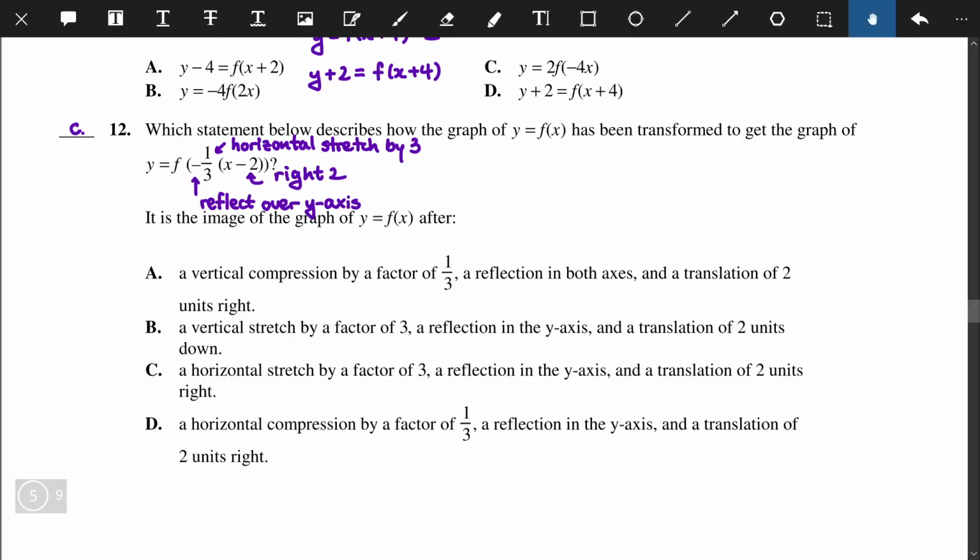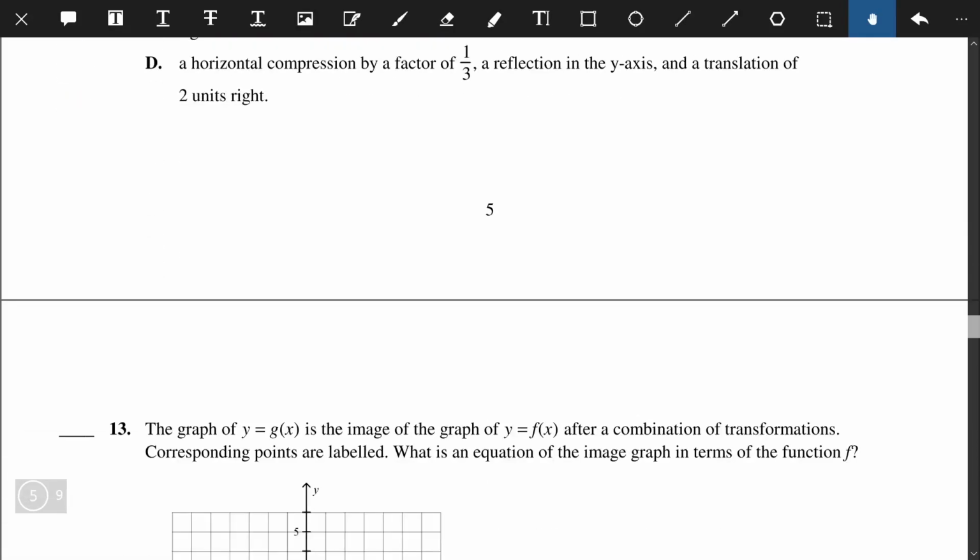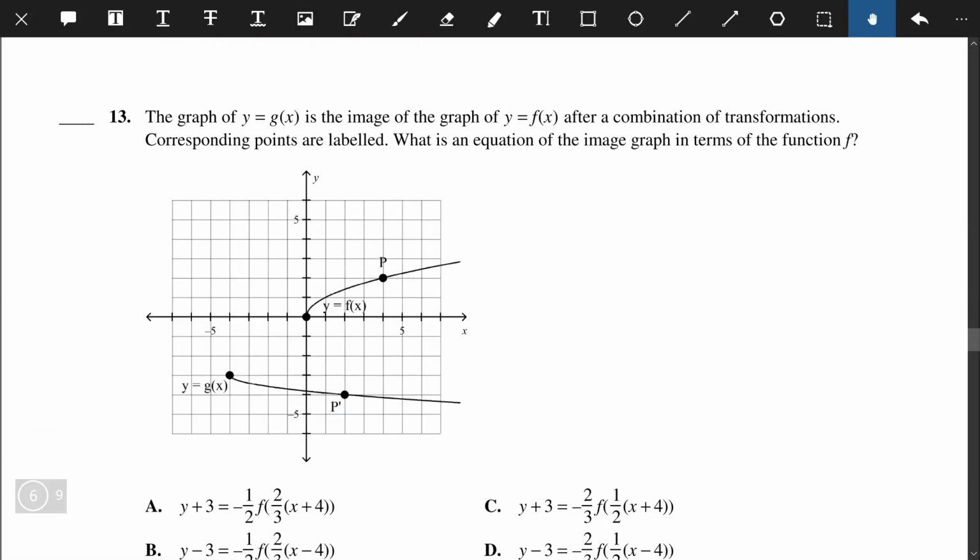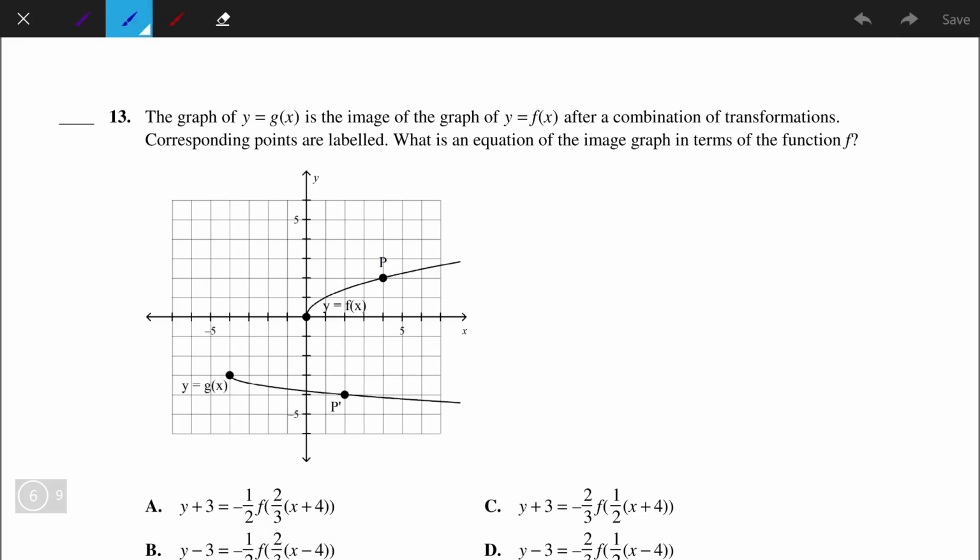Okay, let's move on to number 13. The graph of g of x is the image of the graph of f of x after a combination of transformations, the corresponding points are labeled. So again, we're looking for the equation of the image graph. A couple of things to consider here.